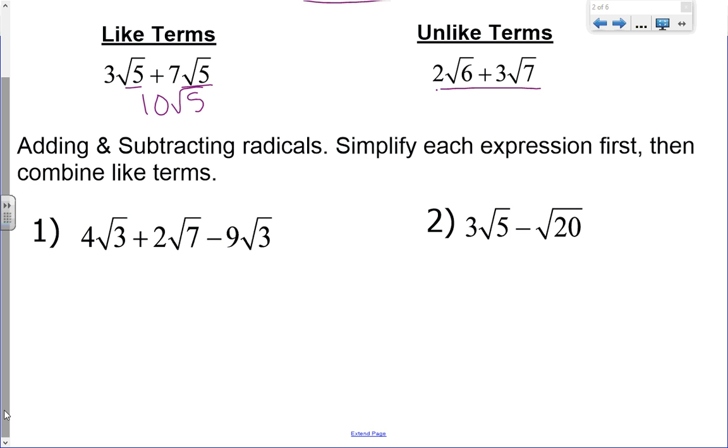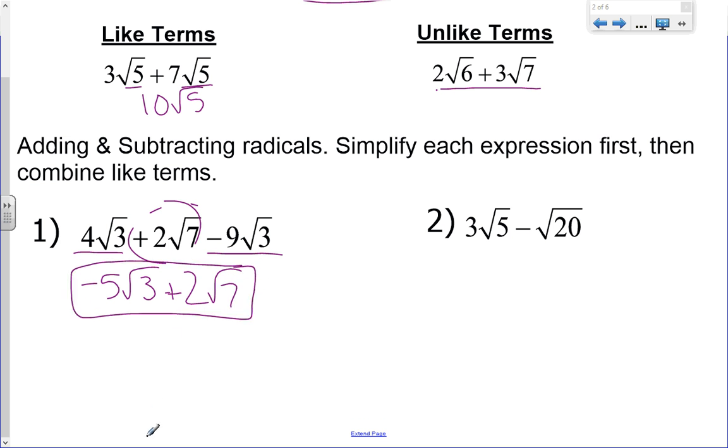The 4 square roots of 3 are going to be combined with the negative 9 square roots of 3. So when I do 4 minus 9, I get negative 5 square roots of 3. I still have this middle term, so it just gets added on at the end as plus 2 square roots of 7.